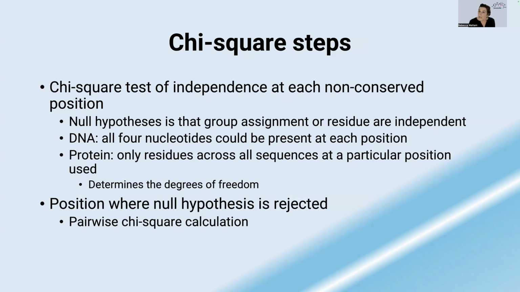And when the null hypothesis is rejected, meaning that it's proven that the group that you created or the metadata that you're looking at, like maybe the isolation country or the year it was isolated, when it's rejected, it means that there is something significant about that. So then it will do this pairwise chi-squared calculation.